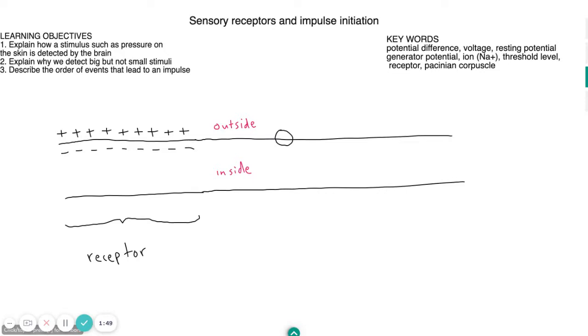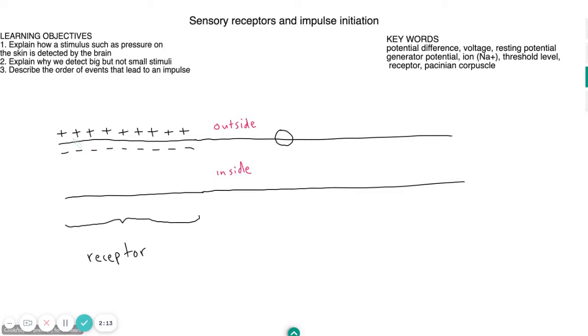Okay, so in order for information to go from places like your fingertips to your brain, we have to have a potential difference set up. If we start at the very beginning, imagine this region here where it says receptor, this is your fingertip. The receptor has managed to set up a potential difference.